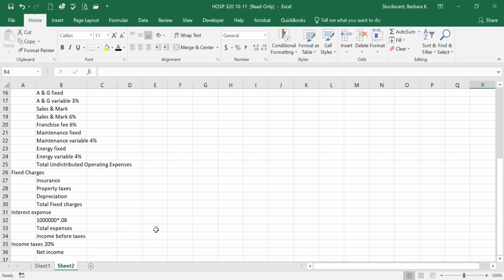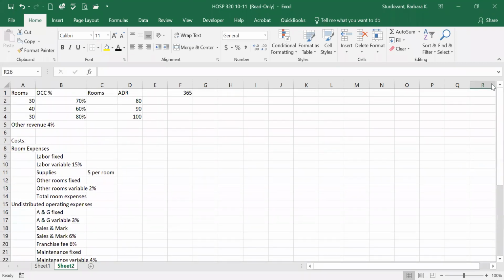Subtract our total expenses from our total revenue to get our income before tax. Calculate our tax. In this case, the tax rate is 20%. Subtract that off and get our net income. So it's basically a setup very similar to categories, very similar to what we were doing in chapter 3.